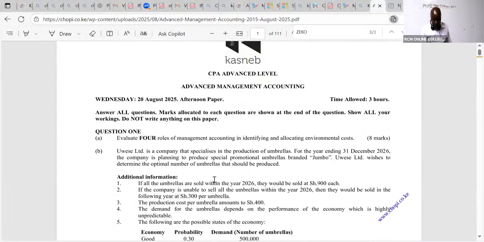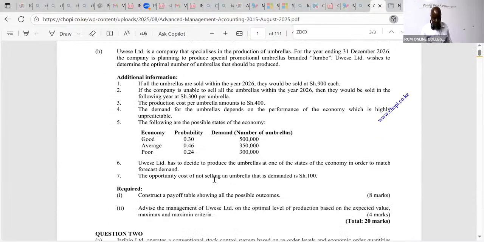It's far away. So you start by reading the requirement: construct a payoff table showing all the possible outcomes. Advise the management of Yu Limited on the optimal level of production based on the expected values. So really, this was a very easy question, but over 80% of the students never got this right.